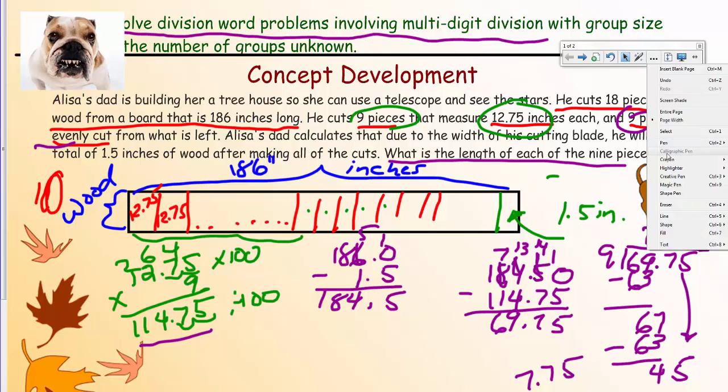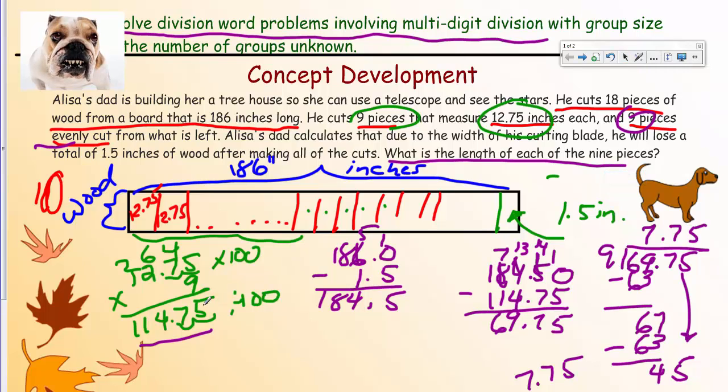Now, if we look at our equation from this standpoint, let me rewrite this so you can see the whole thing together. So basically what we're saying is this. The 114.75, those were the 9 pieces of wood, right? If we add that 1.5 inch, remember that was the part that we took out because it was the waste of the wood from the cutting, that's going to equal that total of 186.